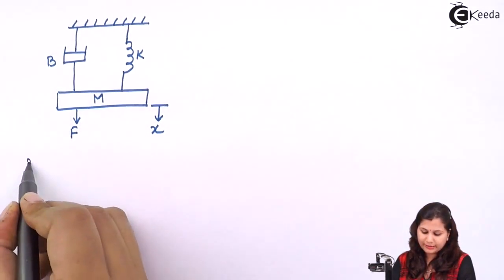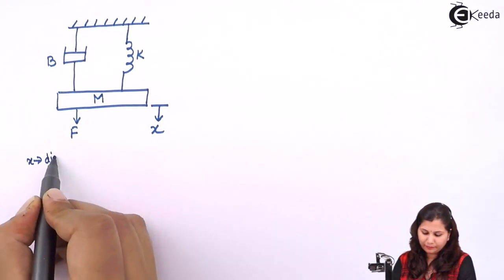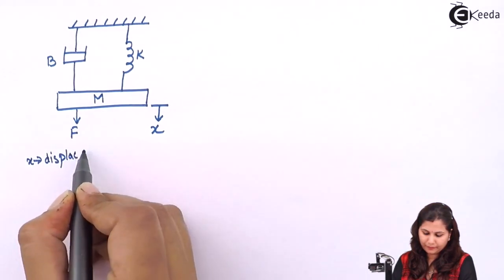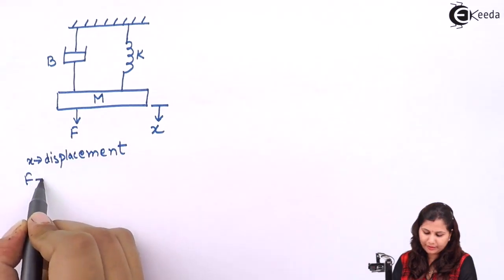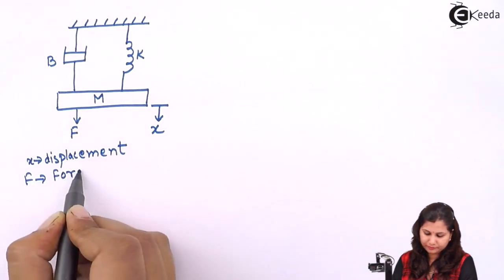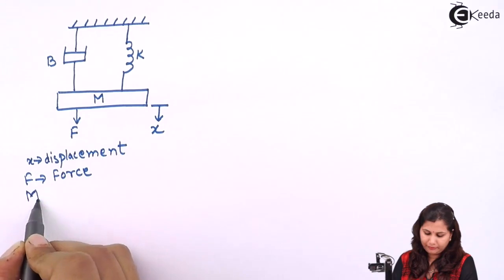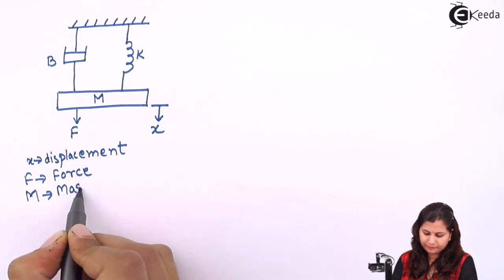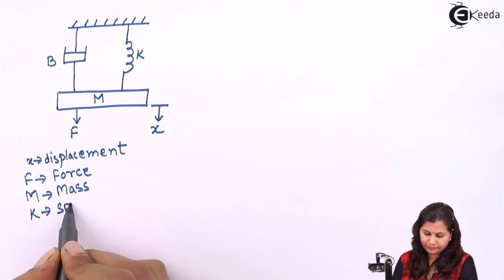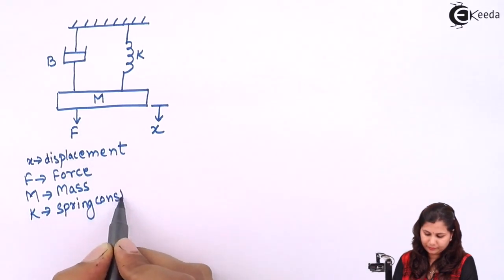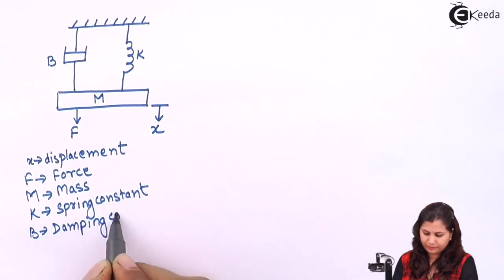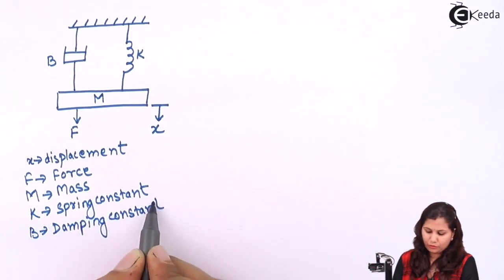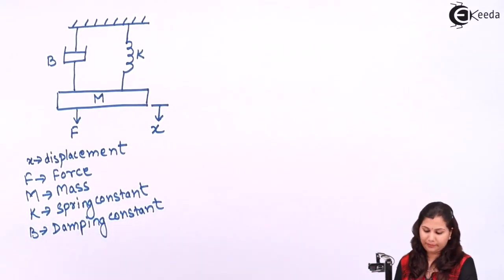So x is the displacement, F is the force, m is mass, so we have defined all the variables.